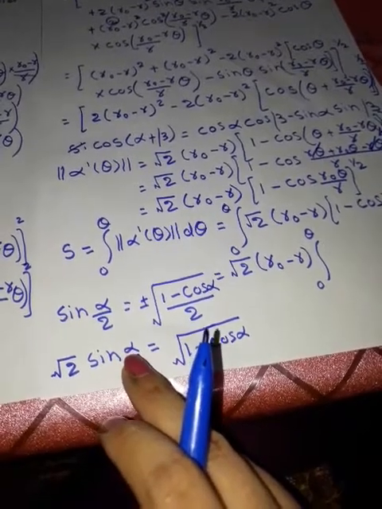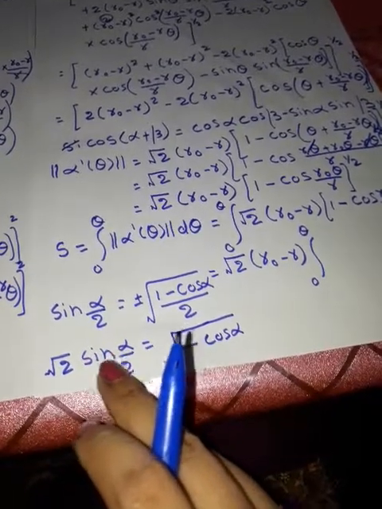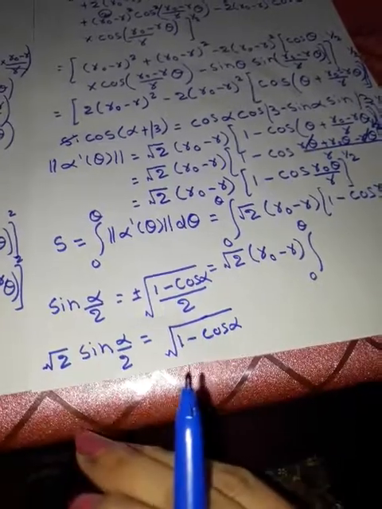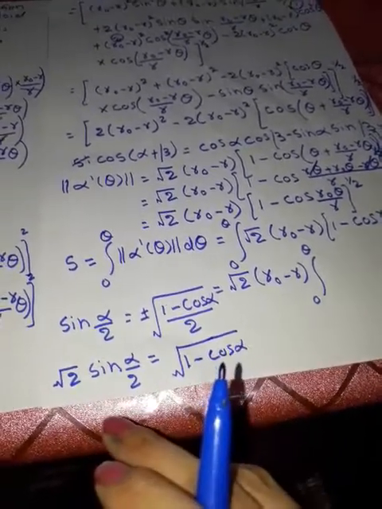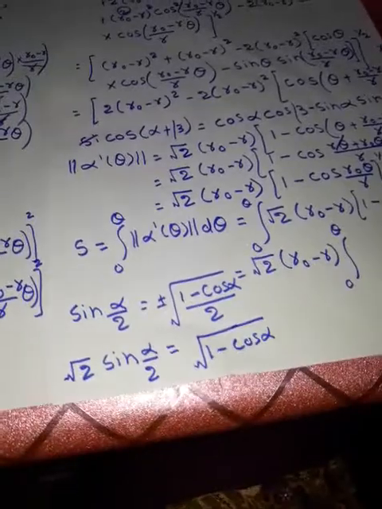If I put alpha 2 pi, I have sin pi, and if I put alpha 0, I have sin 0, and between 0 to pi the sin function is positive. So for given values of theta, I can avoid the negative sign here.